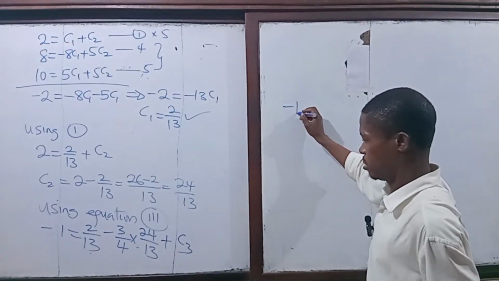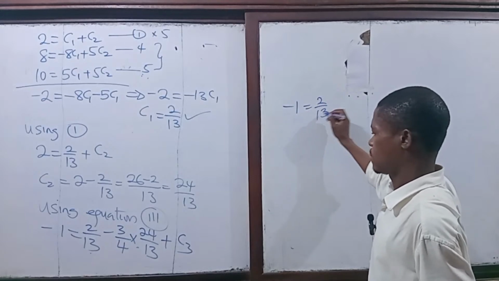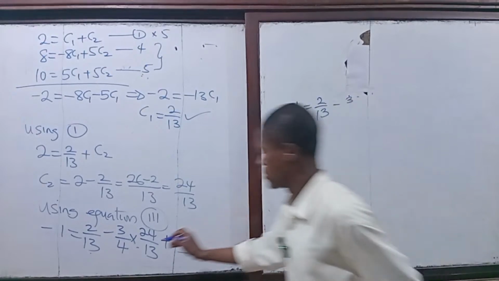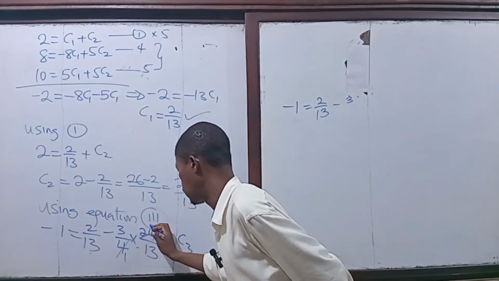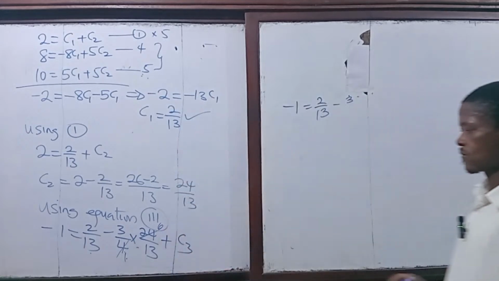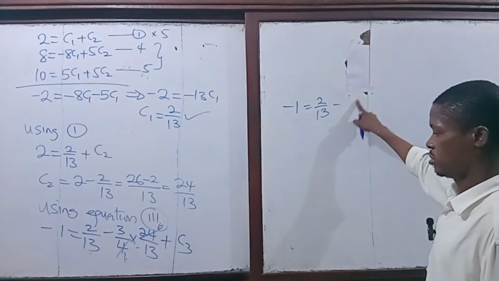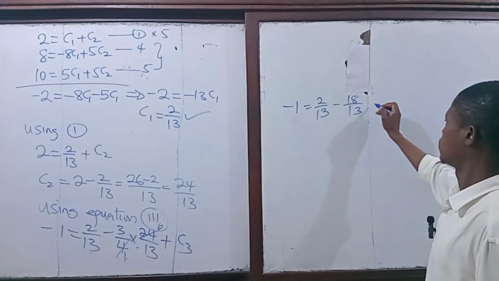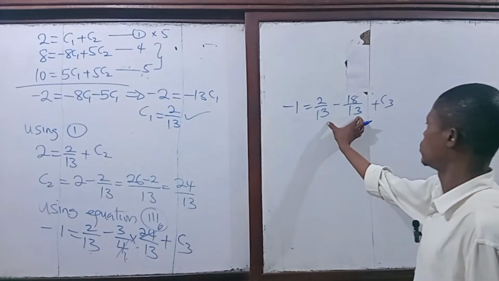Minus 1 equal to this. 2 into 12, or even 4 into 6. So that's minus 18 over 13 plus C3. So we can solve this one.